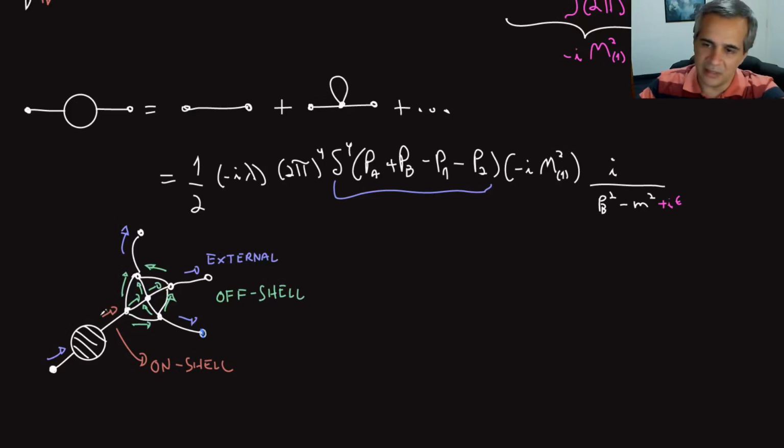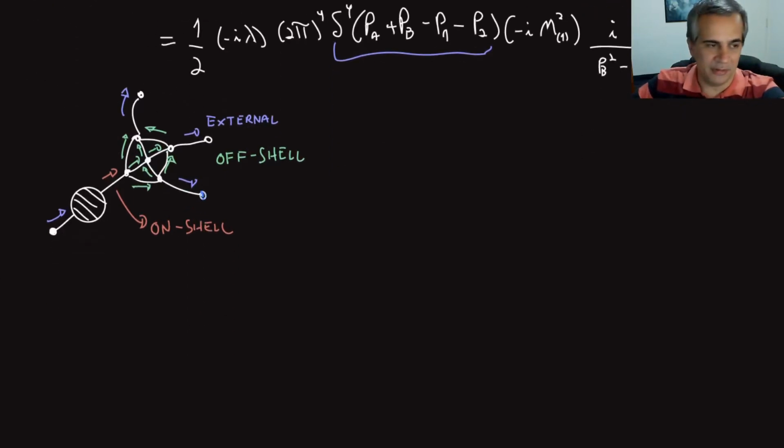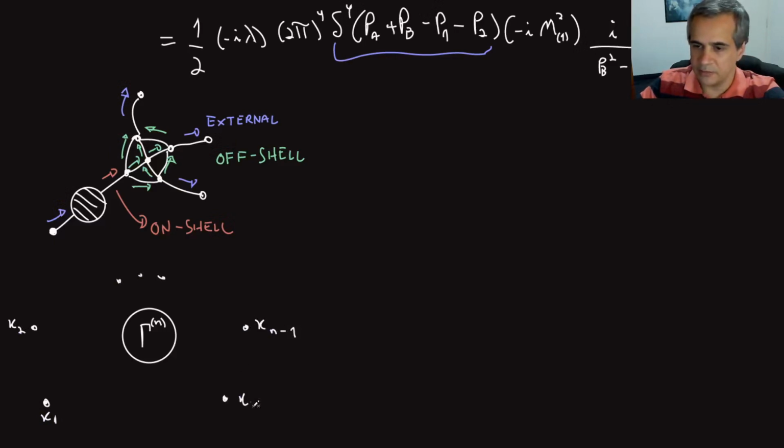Now, this shows us that I can quite generally write any diagram in the following way. Let's suppose I just put in the middle here any 1PI diagram with n external legs. And then I put n external points, x1, x2, I don't know how many others, x_{n-1}, x_n.